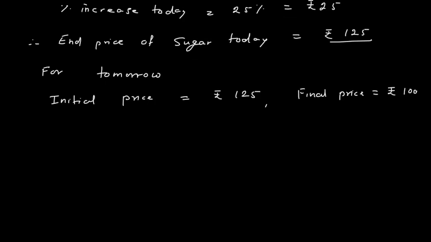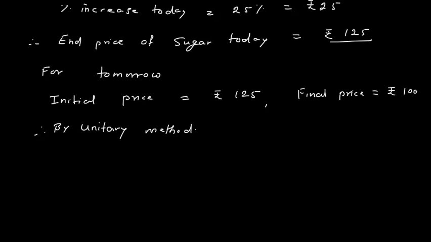The question is by what percent should it be decreased? That means I have to convert this initial price to 100 and see what the final price will be. So by the unitary method, I am reducing one step: that initial price I consider 100, and then you have to divide by 125 on the right side.